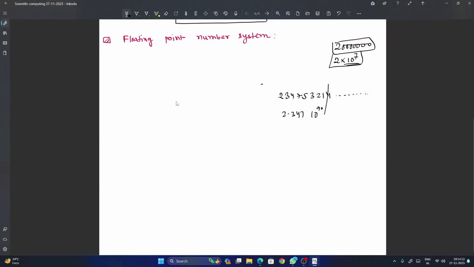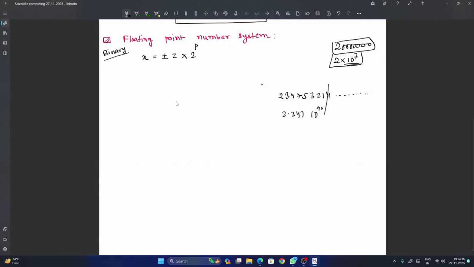So that's why every floating point number looks like x is equal to plus or minus z into something. If it is a binary machine, it will be z into 2 to the power of p.